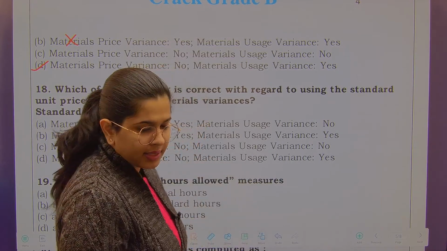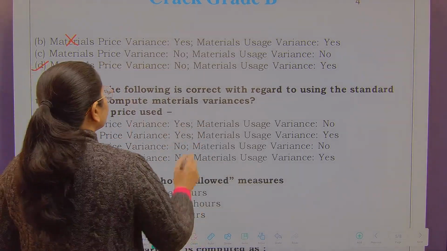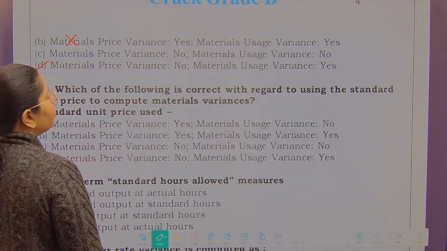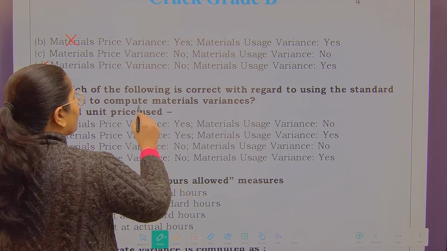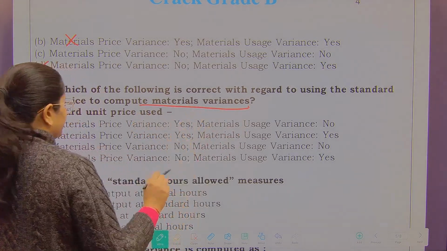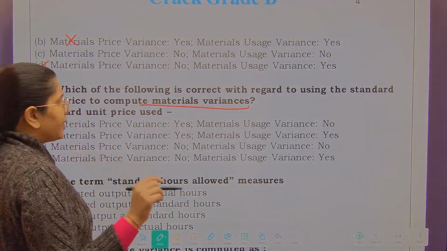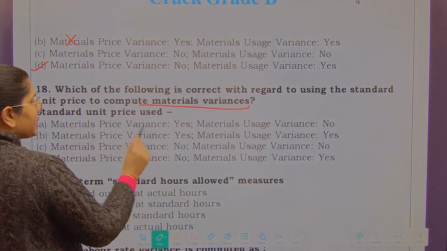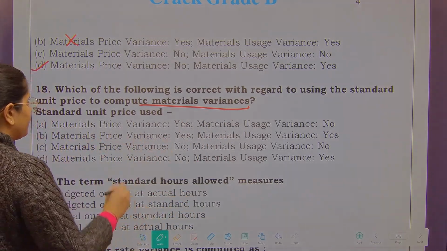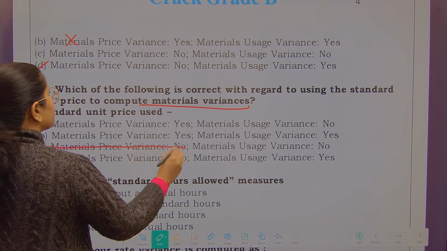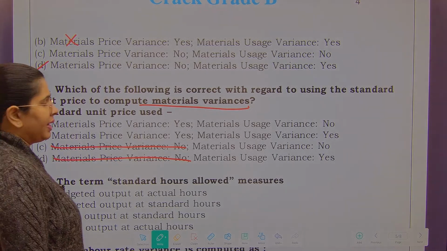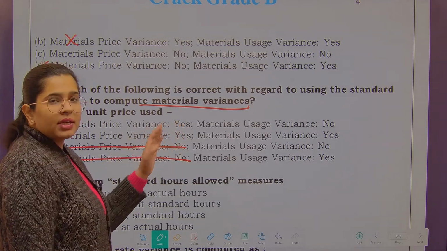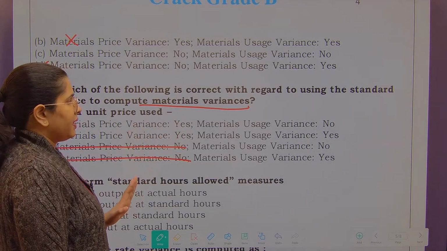Okay, next. Which of the following is correct with regard to using the standard unit price to compute material variances? See, where do you use standard price? Do you use standard price in material price variance? Yes, we do. So these two options are wrong for me, correct? Let's eliminate them. I use standard price in material price variance.